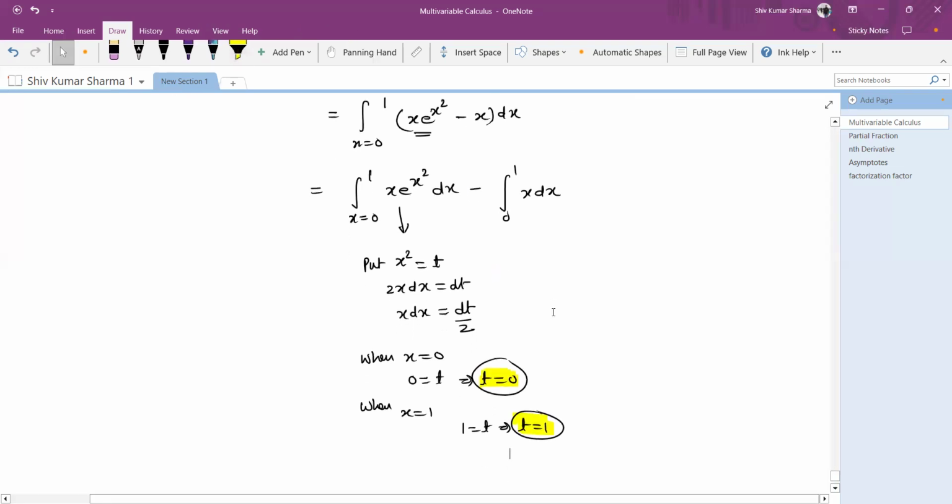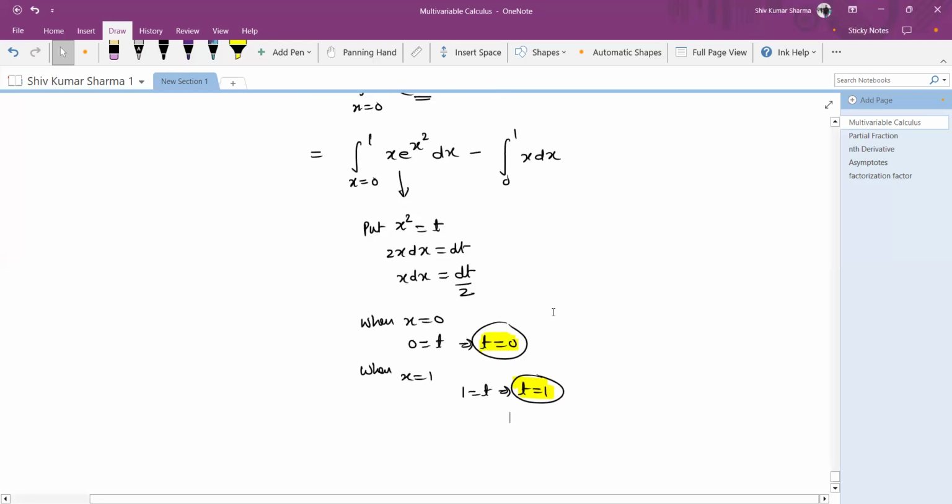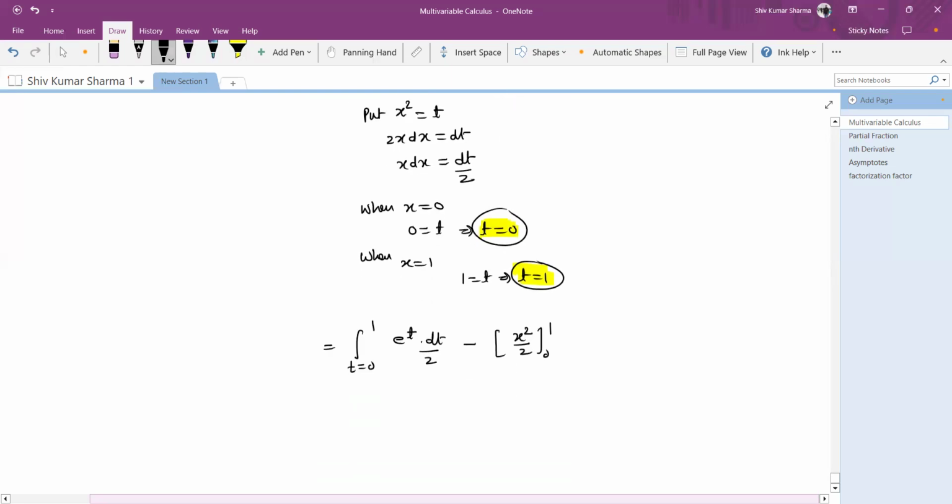Okay, the second integral we solve directly. Now we write this integral as the integral for t equal to 0 to 1 of e raised to the power t into dt upon 2, minus the second integral, where the integral of x dx is x square upon 2, from 0 to 1.